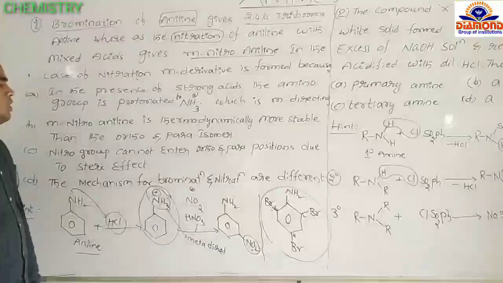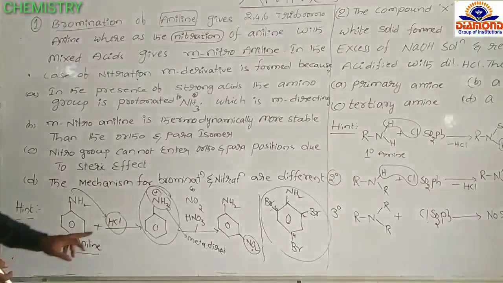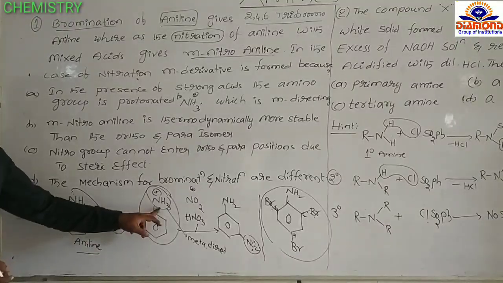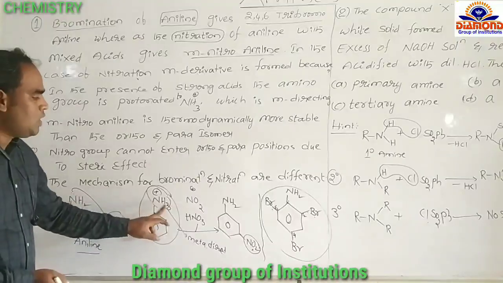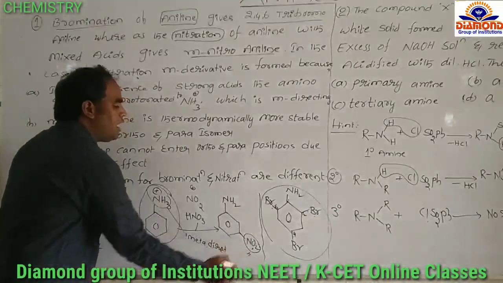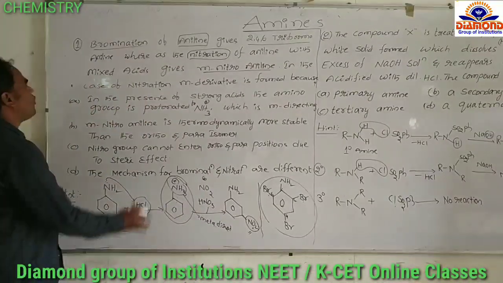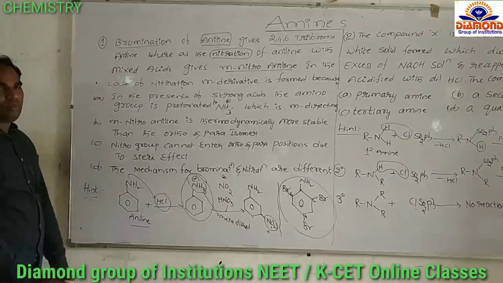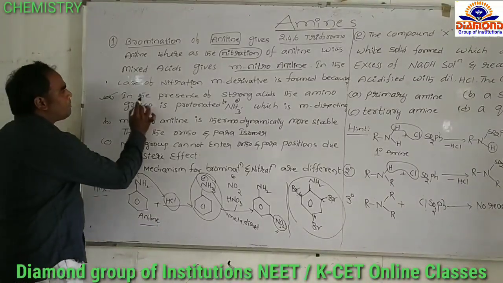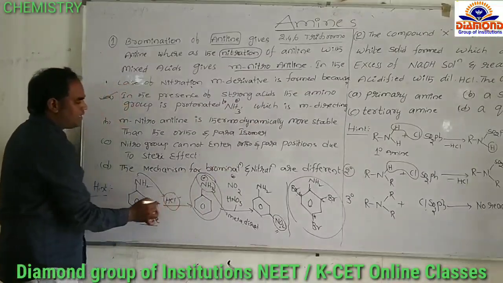Did you understand it? So what is the concept? In the presence of strong acid, aniline is converted into the anilinium ion. That anilinium ion is a meta directing group, so due to that reason we get the meta product. Therefore, for this question, which one is the correct answer? A: in the presence of strong acid. Here HCl is a strong acid.